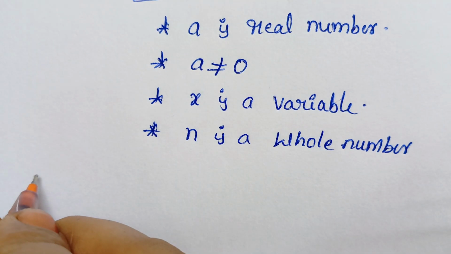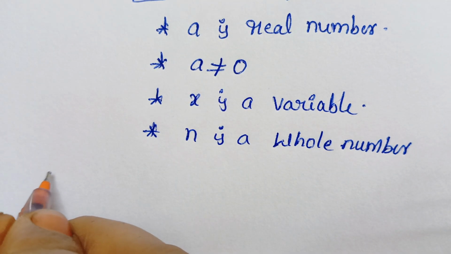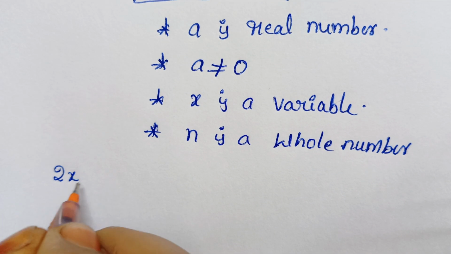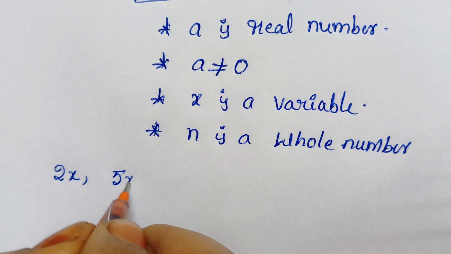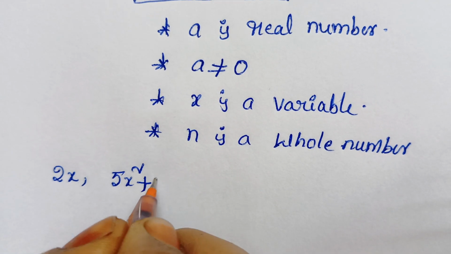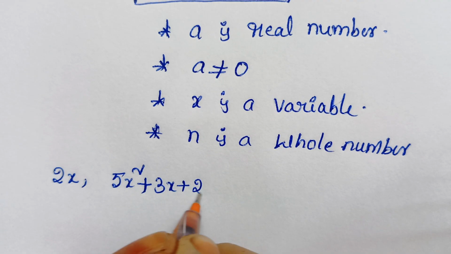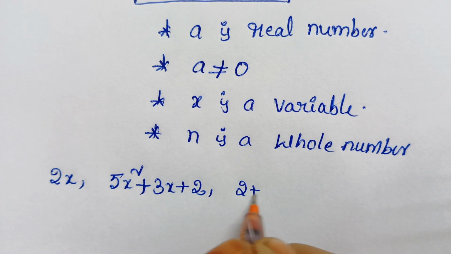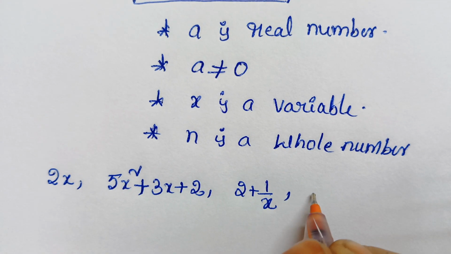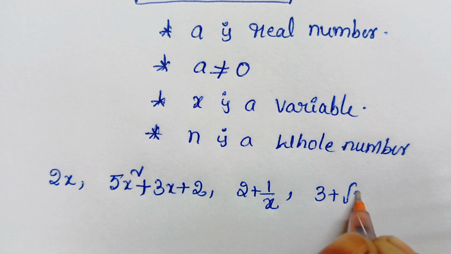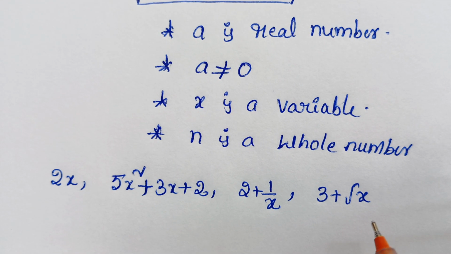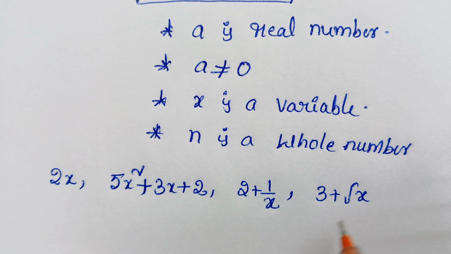Suppose some expressions are given: 2x, 5x square, 5x square plus 3x plus 2, 2 plus 1 by x, and 3 plus root x. Identify which is a polynomial and which is not.